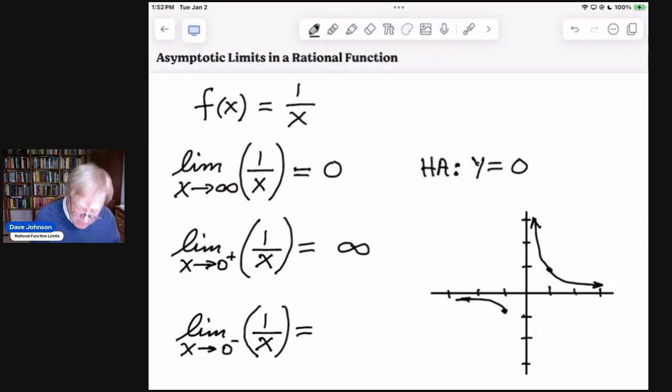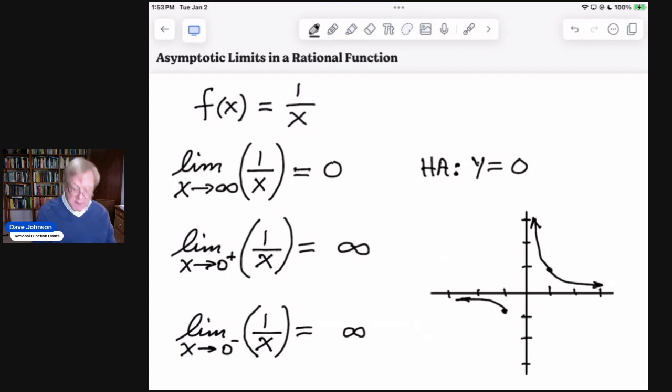Now, what happens if you're approaching from the other side? So here we're approaching 0 from the left side, and we know it has to be infinity, or positive infinity or negative infinity. We know that the vertical asymptote, the function, the rational function, is going to go to either positive infinity or negative infinity. So let me just go ahead and write an infinity symbol here, but it actually is going to go to negative infinity because x is negative.